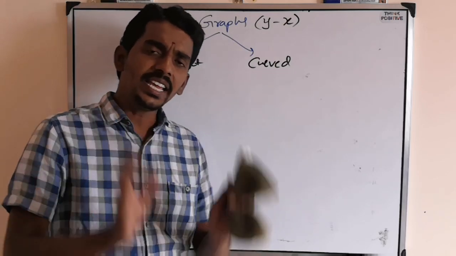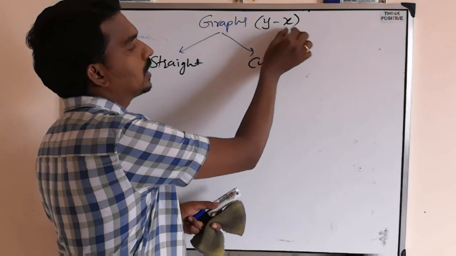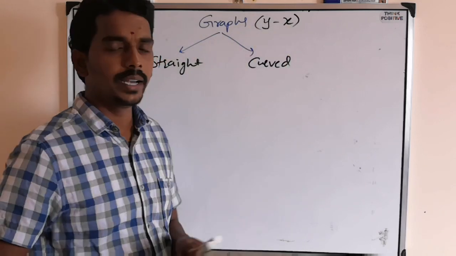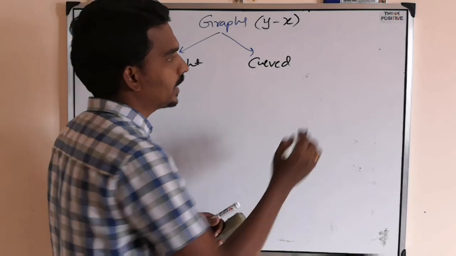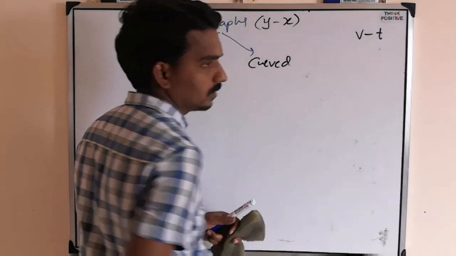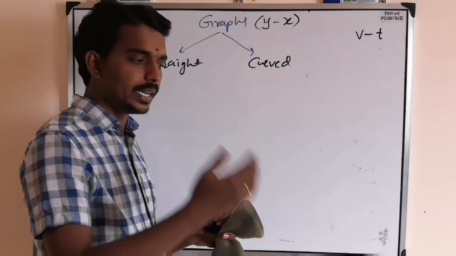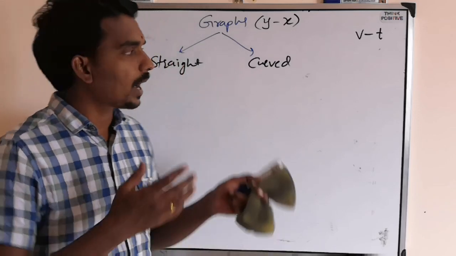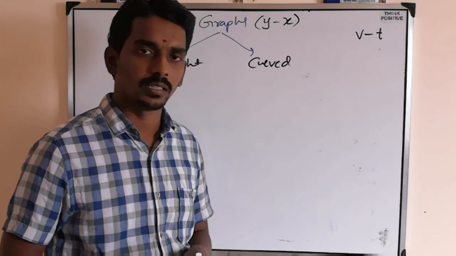So to draw any graph in physics, first of all you should know the relation between the y quantity and the x quantity, like velocity and time. For example, velocity and time: at any time, the velocity of a particle moving with some constant acceleration.